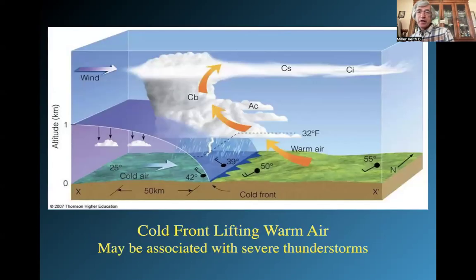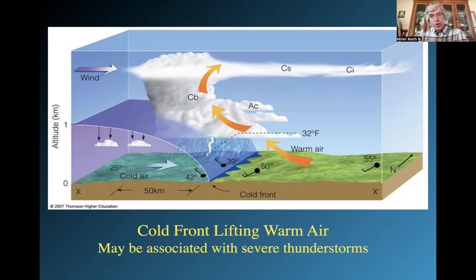And the cold front itself looks something like this in cross section. So you have the cold air. This cold air is going to be drier and colder. It's going to be dense, so it's going to be hugging the ground. So as that cold front's pushing in this case from left to right, it's pushing underneath the warm air that's out in front of it and causing that warm air to push up higher in the atmosphere.